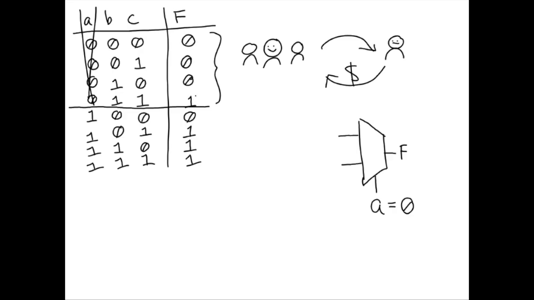We'll notice that the only time F is equal to 1 is when both B and C are equal to 1. That looks like an AND gate, so why don't we add that to our truth table with inputs B and C?